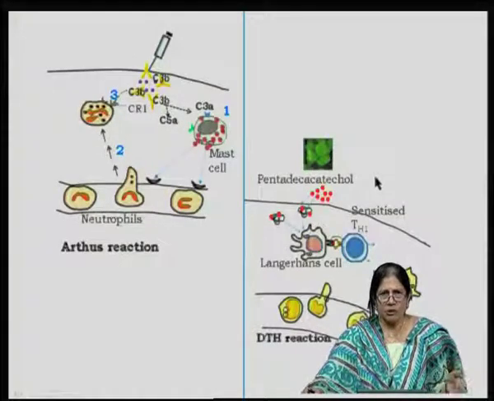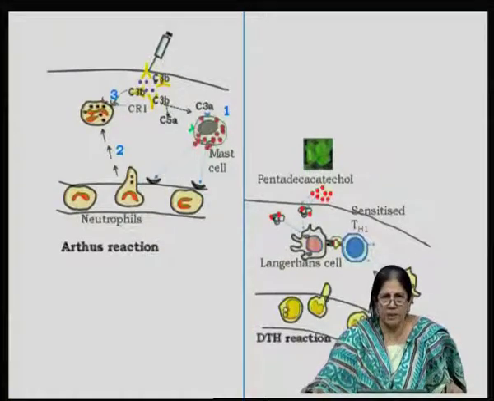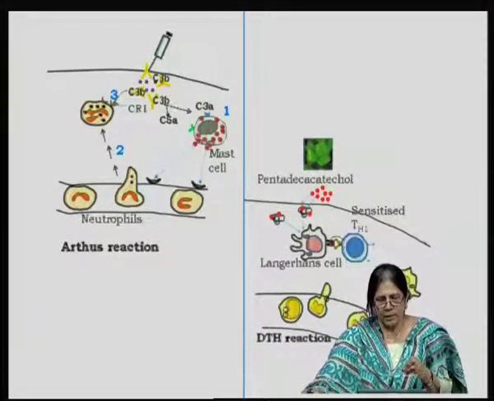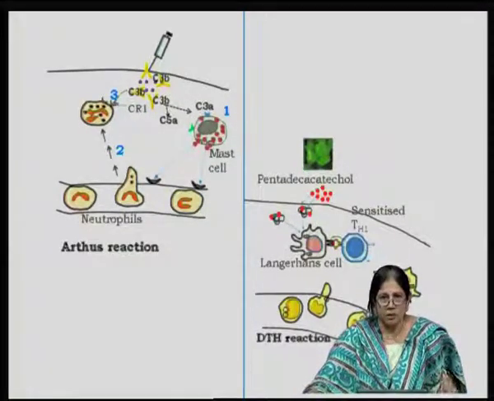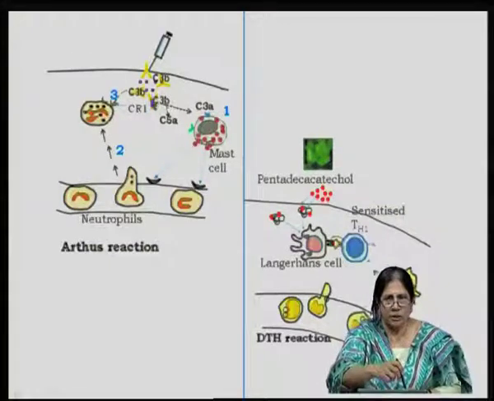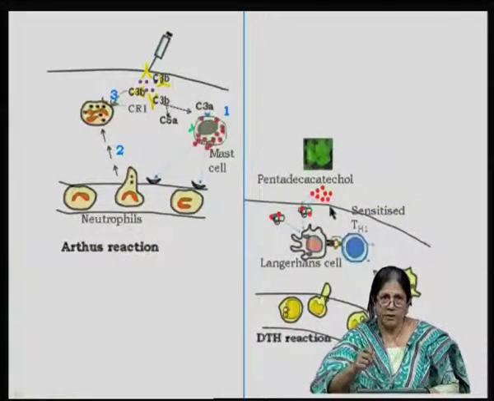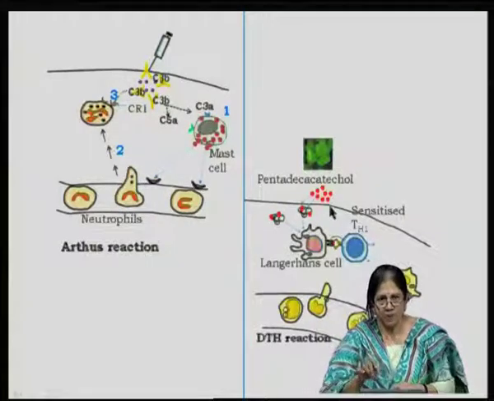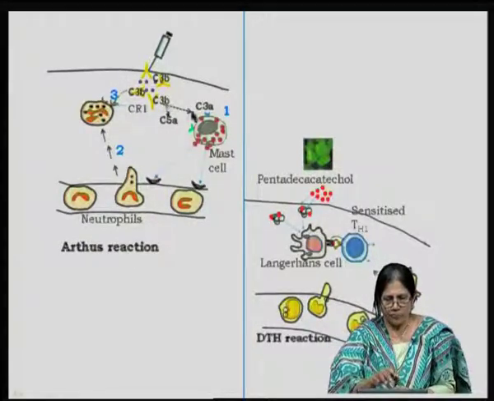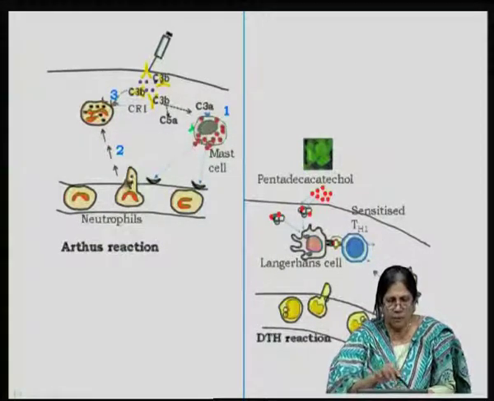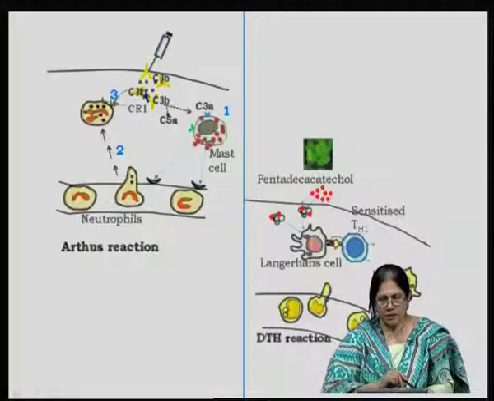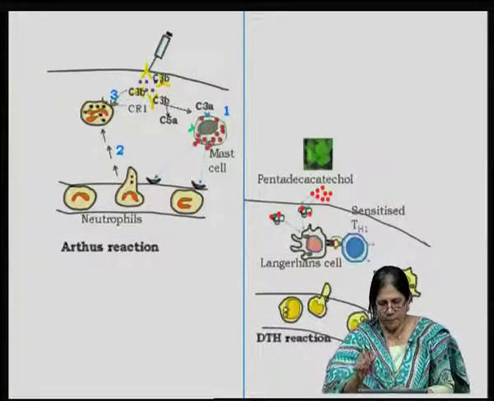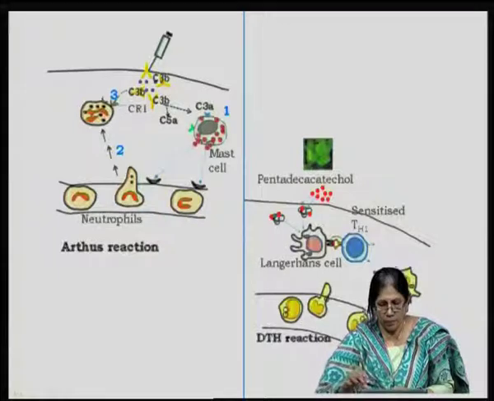Now, the last two, type 3 and type 4, the localized type, the Arthus reaction as well as the delayed type hypersensitive reaction, look very similar. Both of them occur at the site of antigen deposition, but I would just like to tell you the two differences. One is that at the site of antigen deposition, more than 80% of the cells are neutrophils in case of the Arthus reaction, whereas in case of the delayed type hypersensitive reaction, these are monocytes.